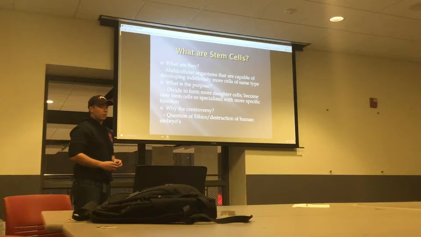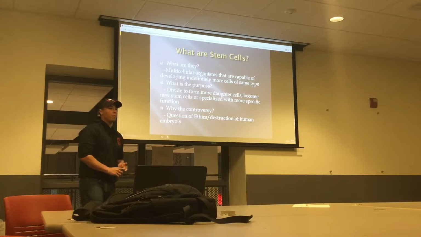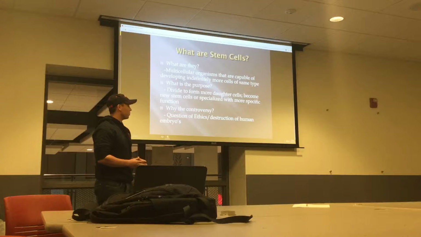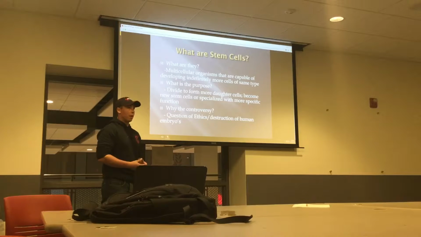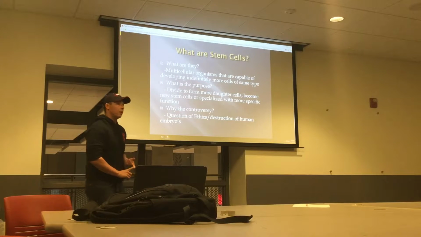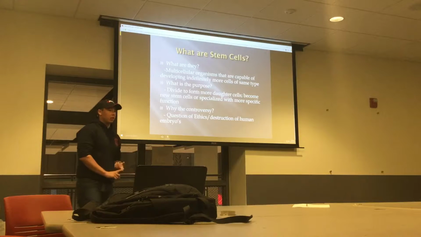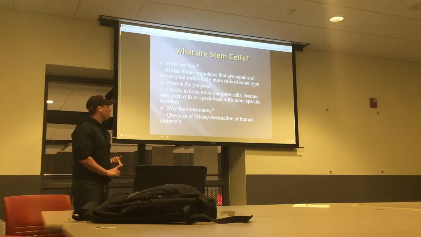So basically, the biggest difference as to why they're so helpful is because not only are they able to divide into a lot more, but they don't have a specific function yet. Your somatic stem cells are your adult stem cells. For example, you have your myocells, which are muscular cells, and their specific function is to help regenerate muscles and muscle tissue.